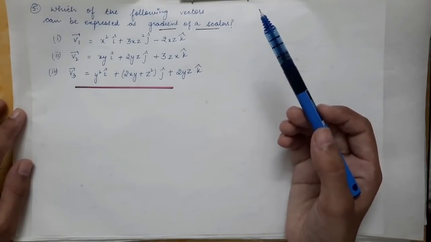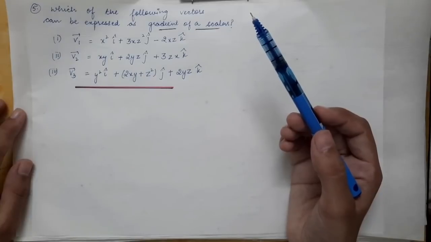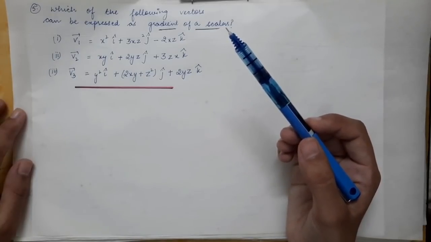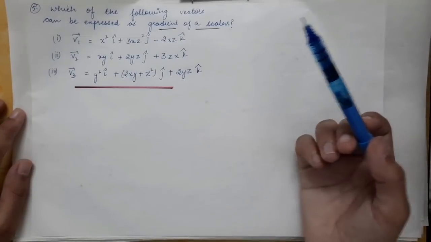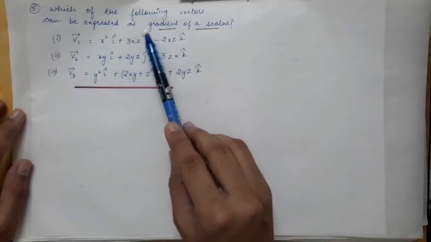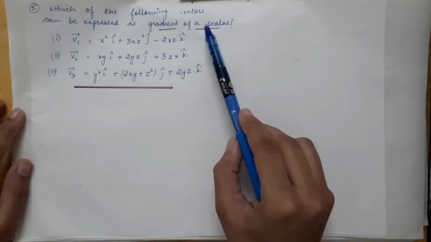Similarly, we have done the curl-less fields, that is those vector fields whose curl is 0 at every point. Those vector fields can be written as gradient of a scalar. So we have already done this concept. Now we are asked to find which of these vector fields can be expressed as gradient of a scalar.